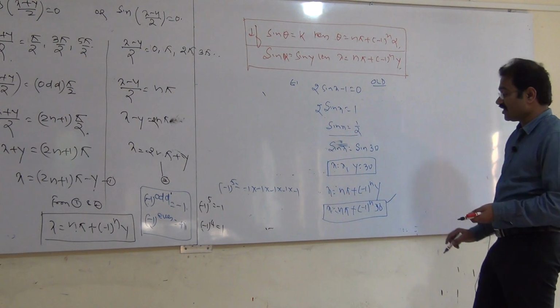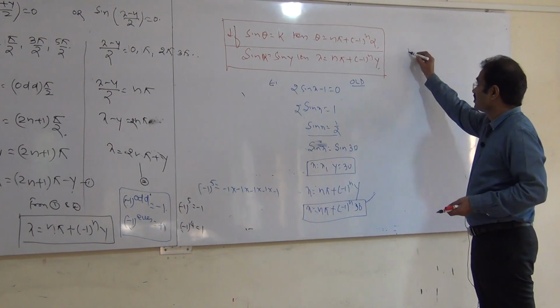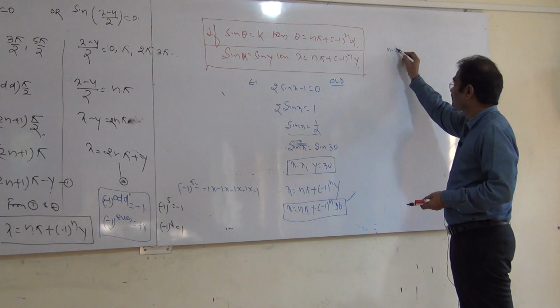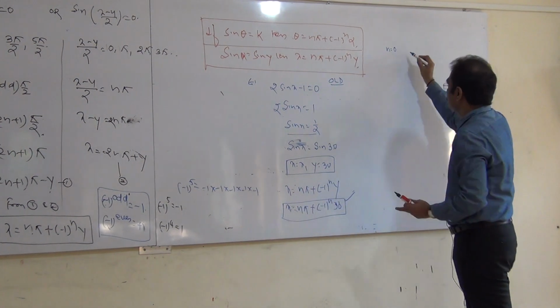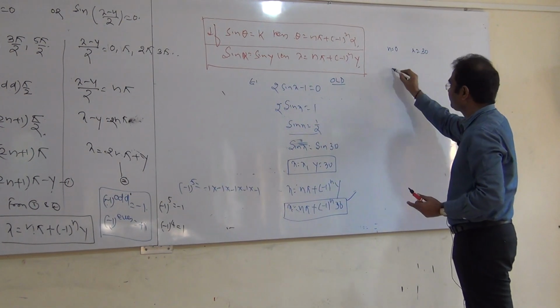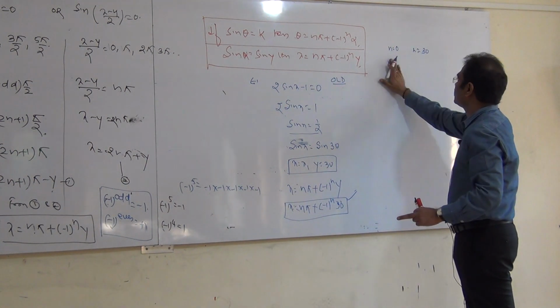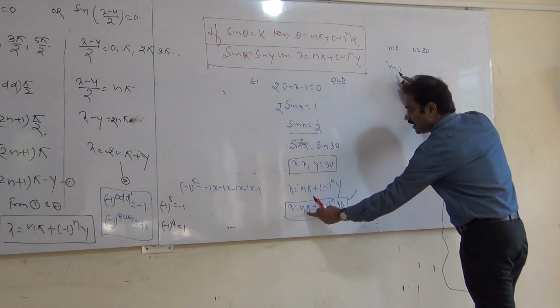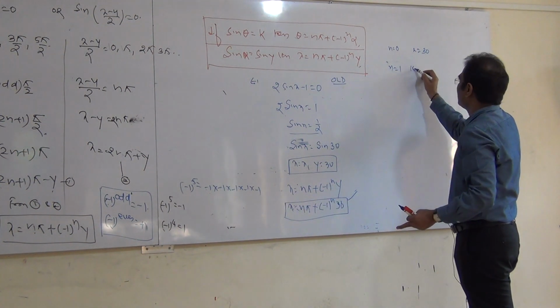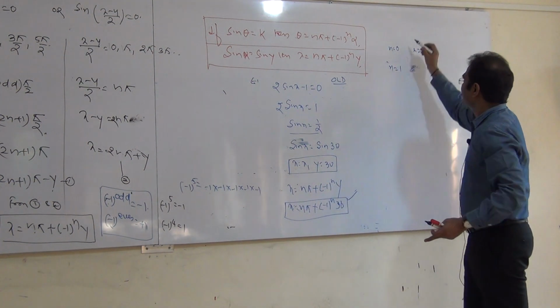You can check whether my answer is correct or not. If n is equal to 0, x becomes how much? 30. If n is equal to 1, how much is it? 180.